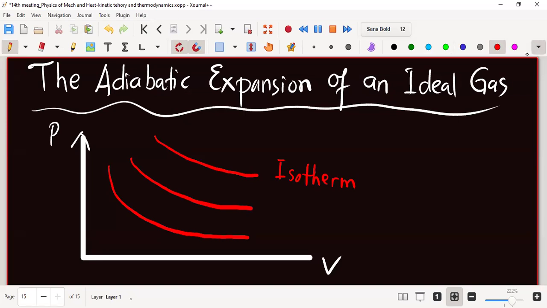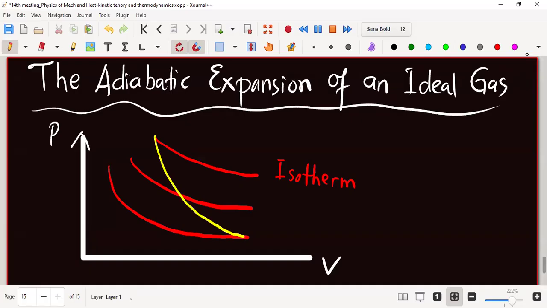But for the adiabatic gas, the total heat is zero, we can draw like this. The yellow one is for adiabatic.